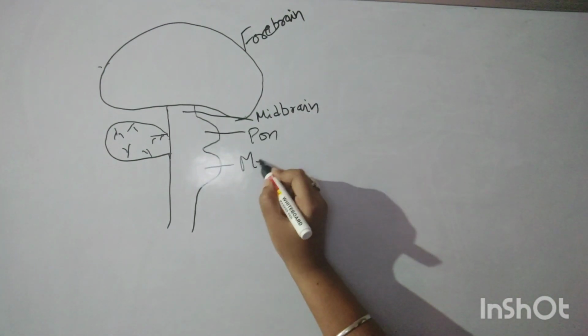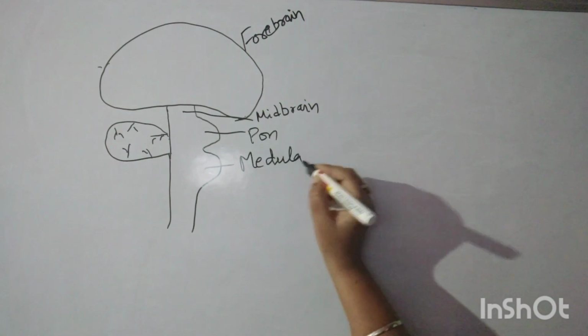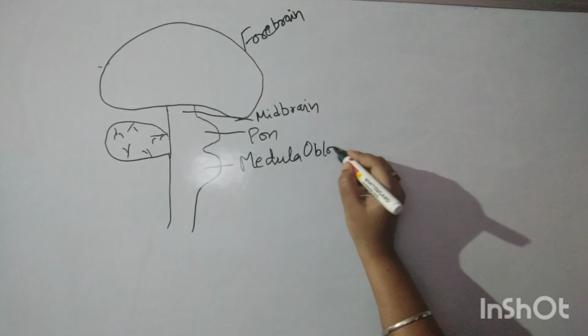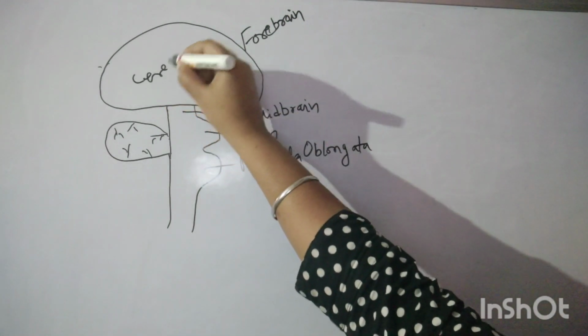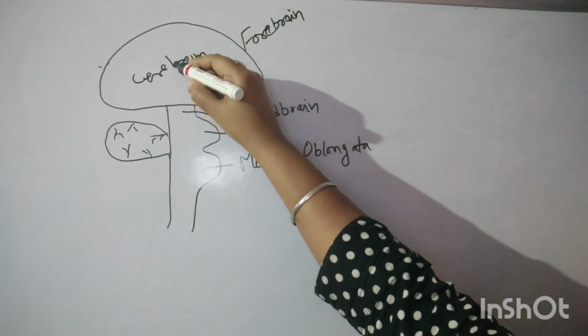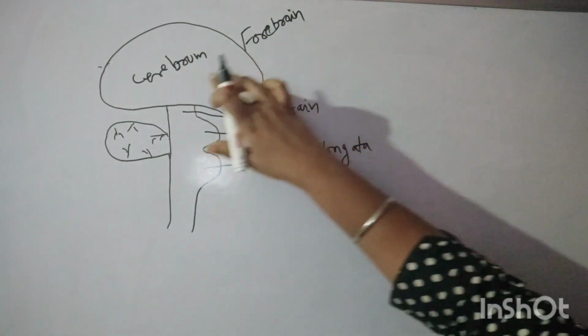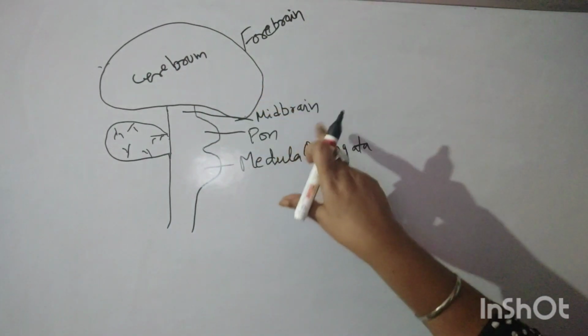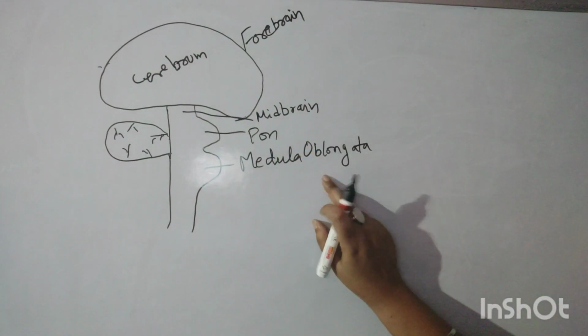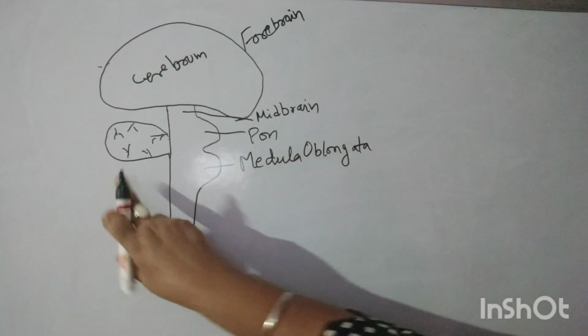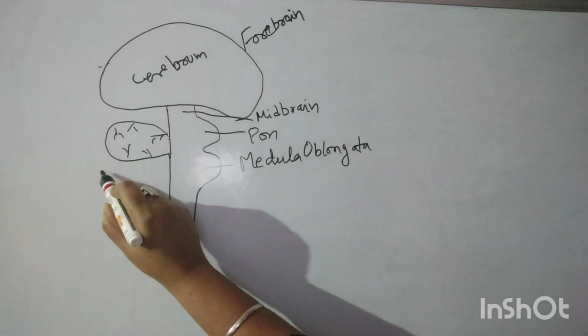This is our medulla oblongata. Midbrain, pons and medulla oblongata form the brain stem, and this is our hindbrain.